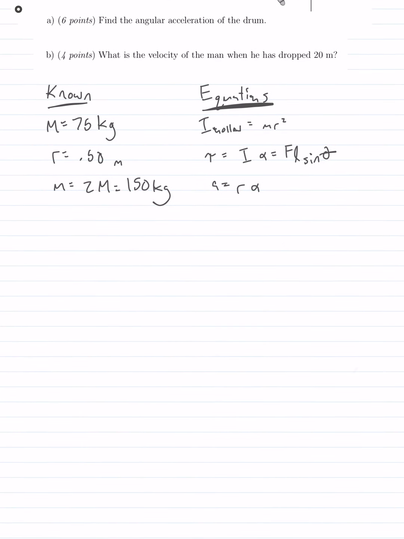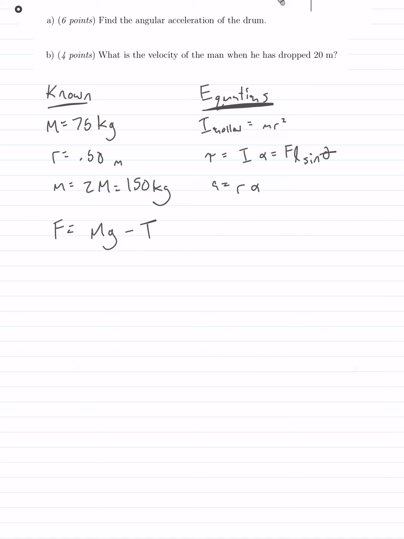Now, the easiest way to begin is to simply find how the forces are interacting in this problem. The sum of the forces on the man is going to be m times g minus the tension. mg is simply gravity pulling the man down, while T is the tension of the rope pulling the man up.